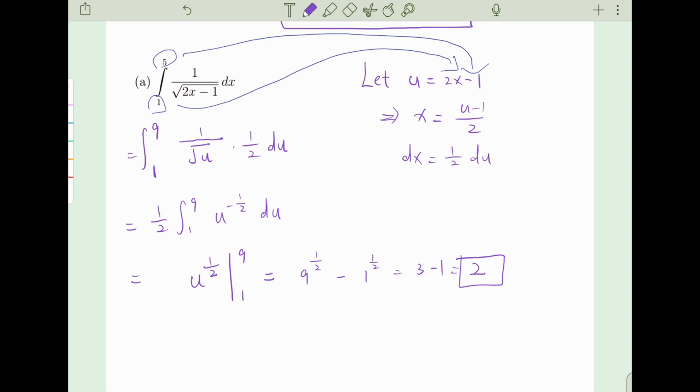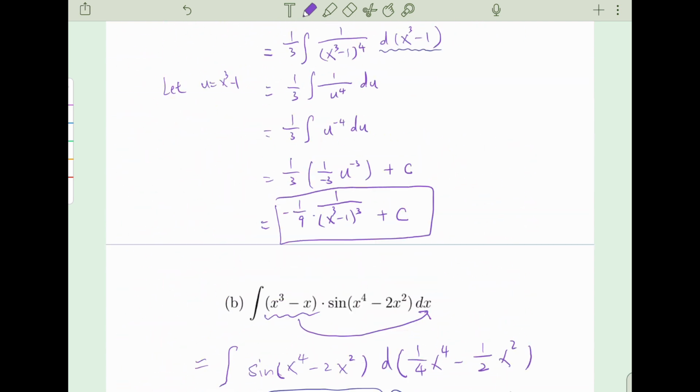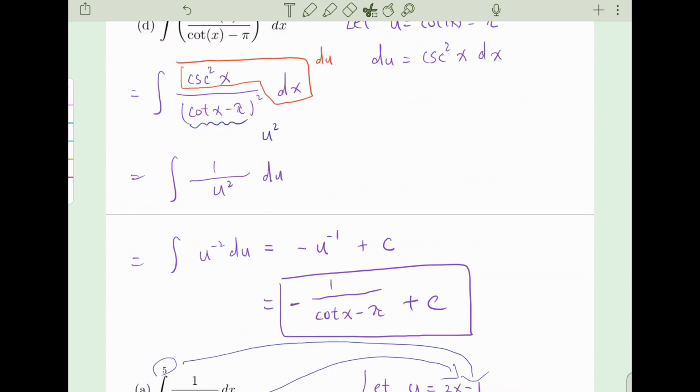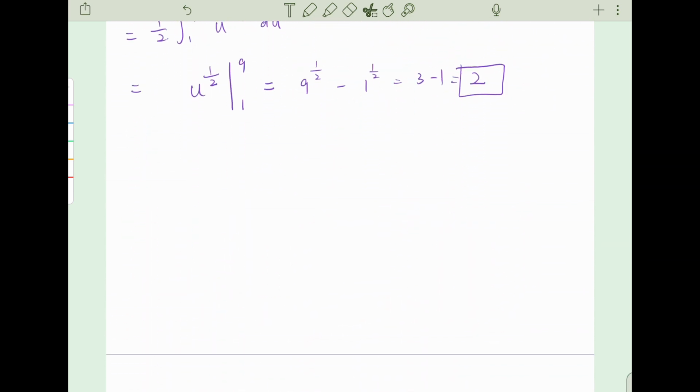So let's move on to the next question, question B. We have cosine x, sine x. So the trick to play with sine x, cos x is to do the integration and the derivative. So one will become the other, right? So you have the exponent there, cos x plus 1, and it is easy to think of letting sine x go into this differential sign, so the sine of x becomes cos of x.